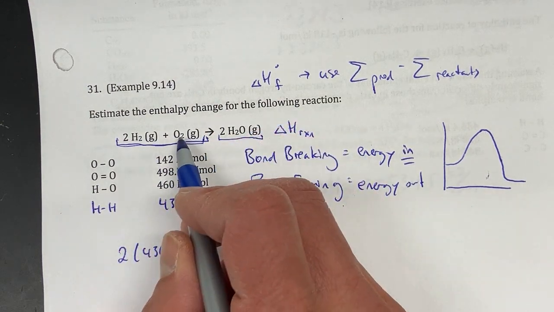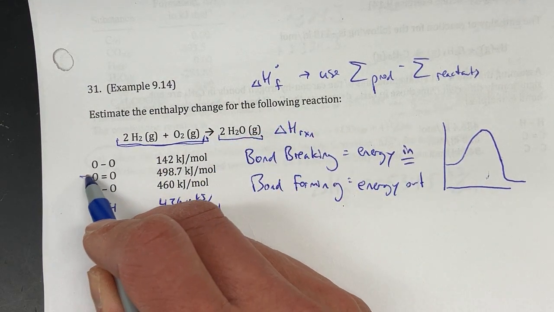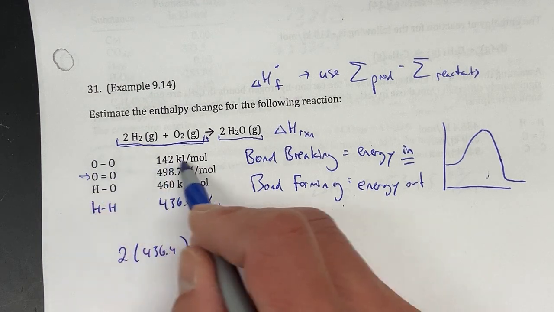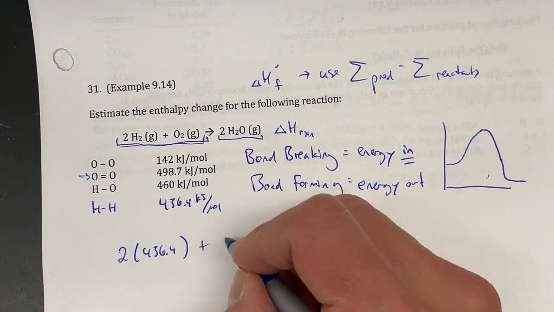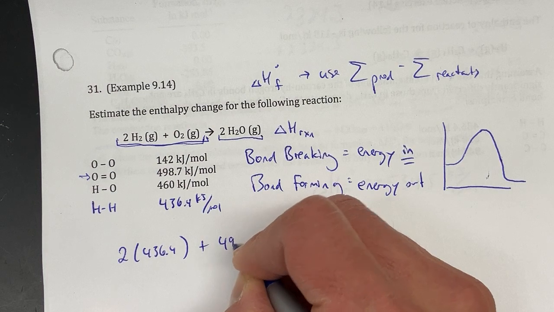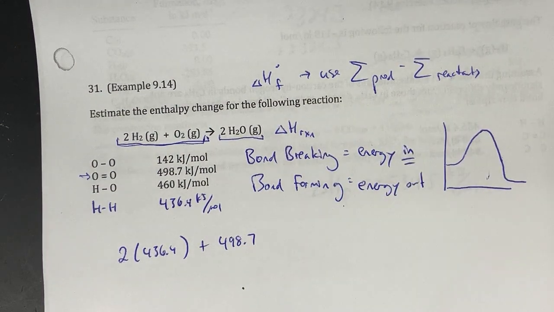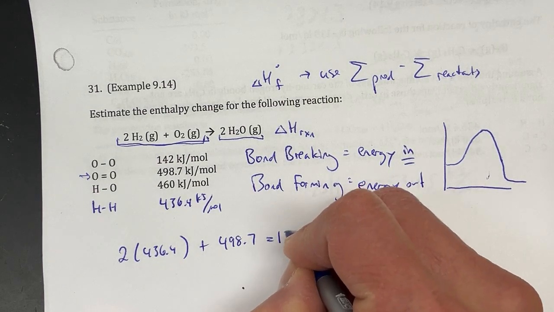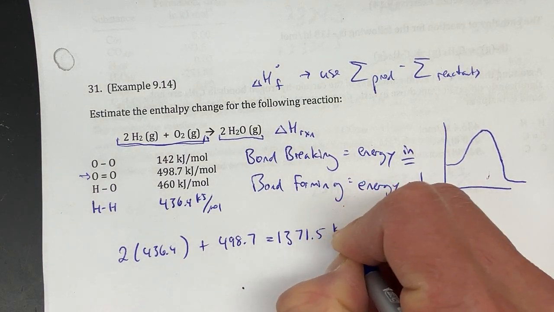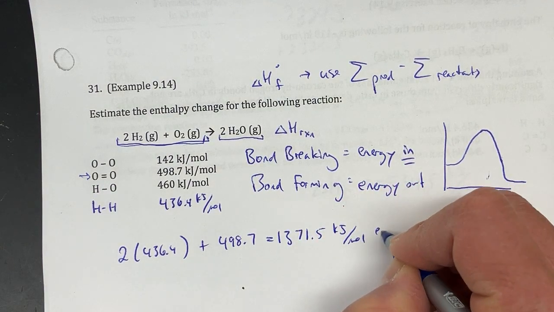And I'm going to add it to my O2 bond. Now remember, O2 is a double bond, so it's not this one, so we're not going to use this one at all. So 498.7. Okay, so if I do that math, 2 times 436.4 plus 498.7, that is 1371.5 kilojoules per mole. And this is energy in.